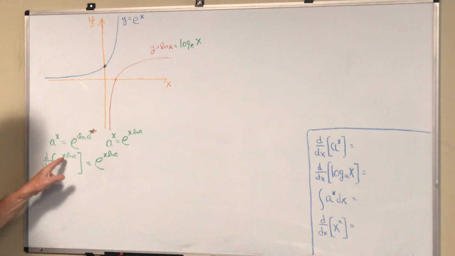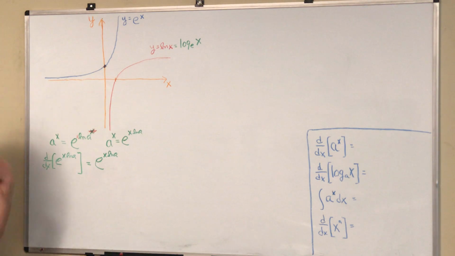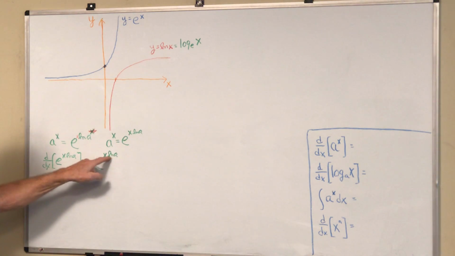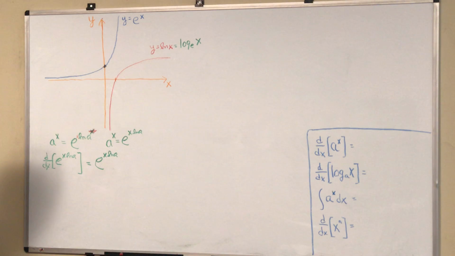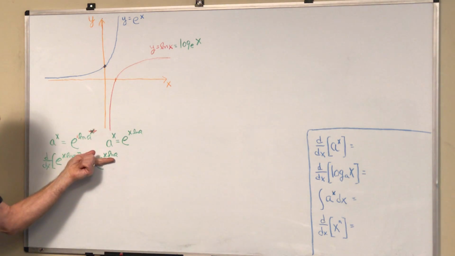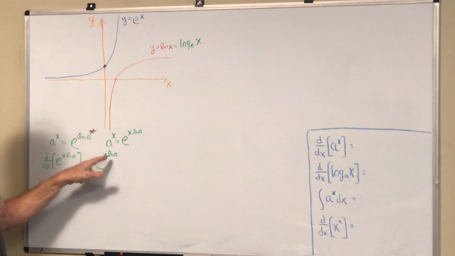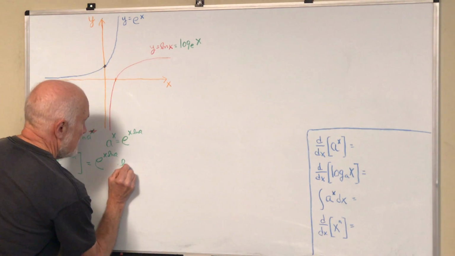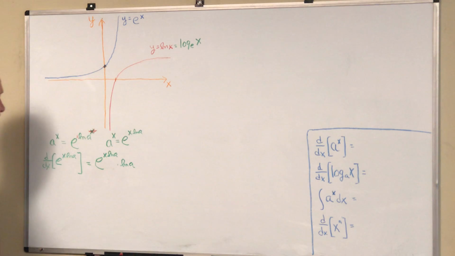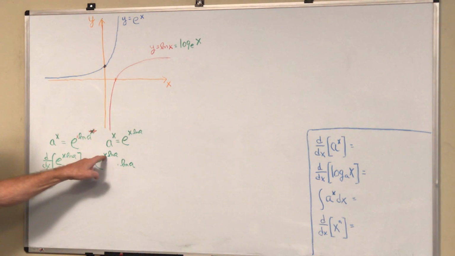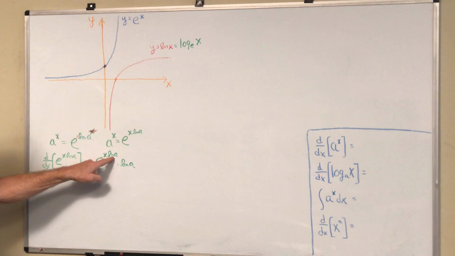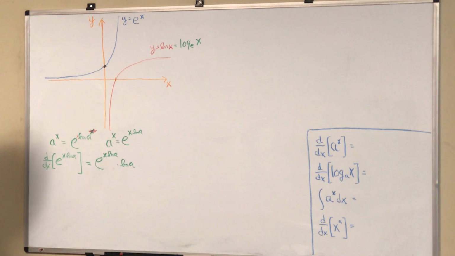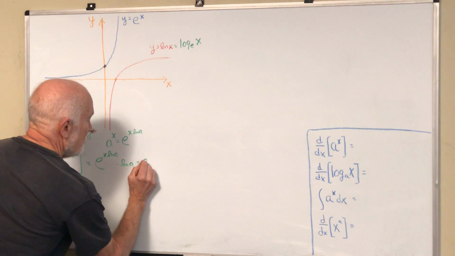And if it's anything other than x, we have to do the chain rule and multiply by the derivative of this other function. It's not a really complicated function, but it's not just x. So what's the derivative of a constant times x? It's just that constant. And then e to the x natural log of a is just a to the x. So we got it.